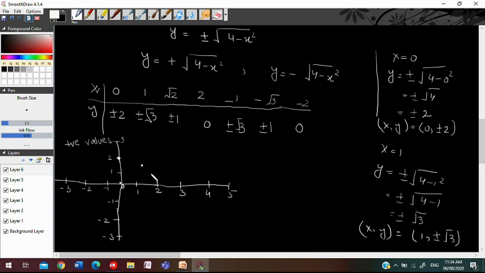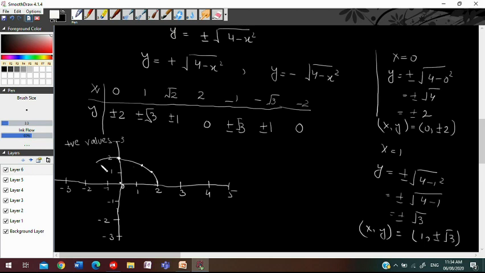Value of y is 1 here. So when we draw the graph, we join these values. At 2 we have 0. You can see we have such type of graph.